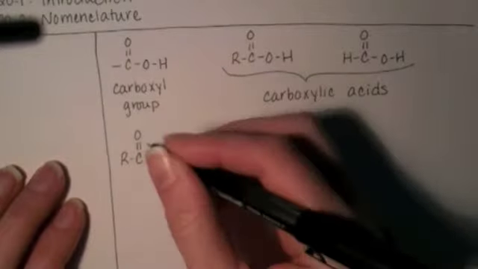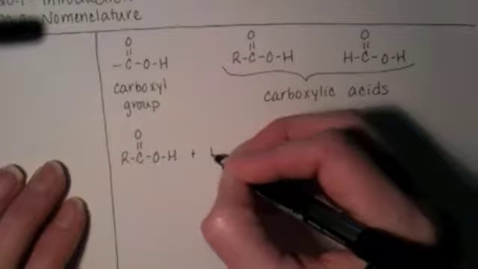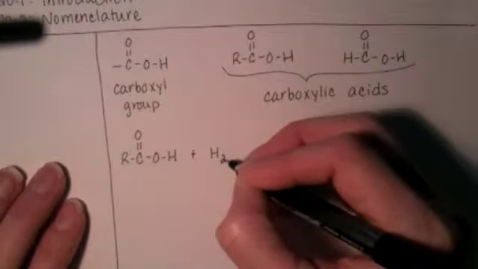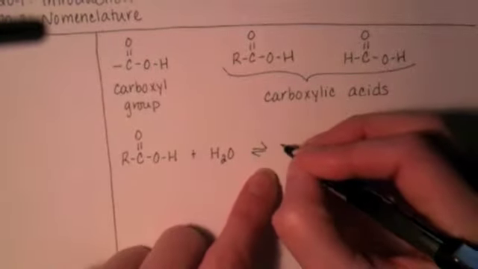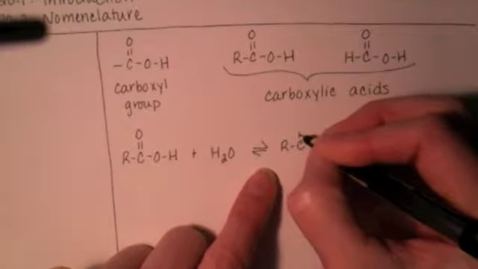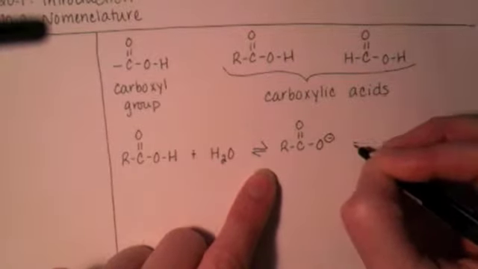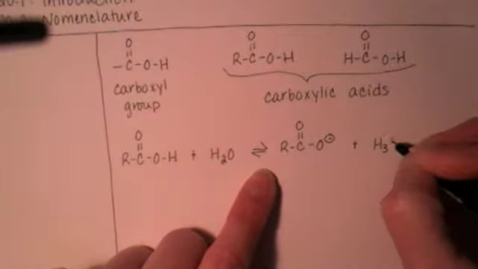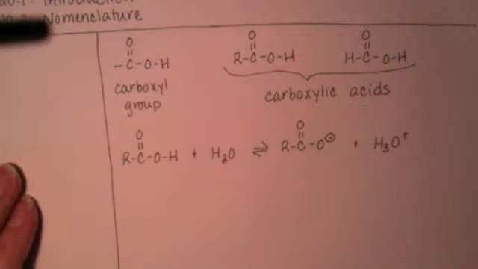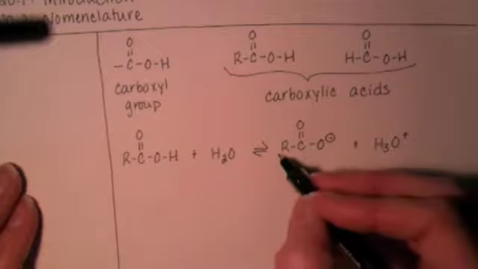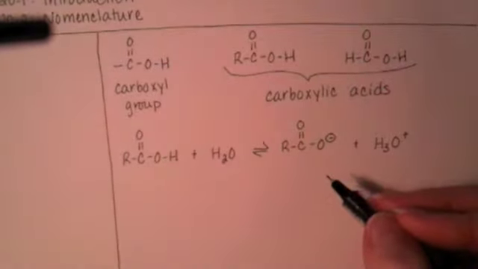Weak acid, if you recall from Gen Chem, simply means that when you put the carboxylic acid in water, it exists in equilibrium with its conjugate base and hydronium ion. And the conjugate base of a carboxylic acid is carboxylate anion.